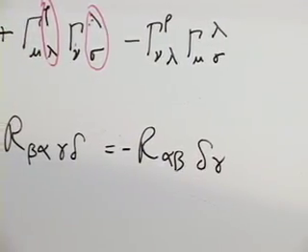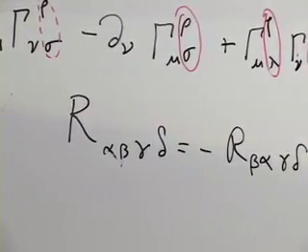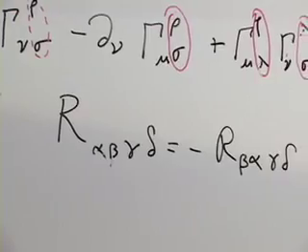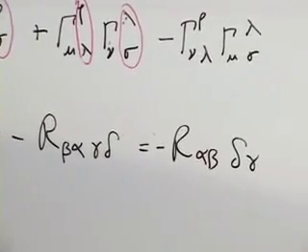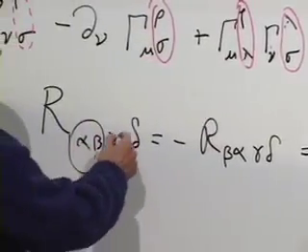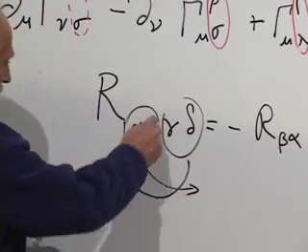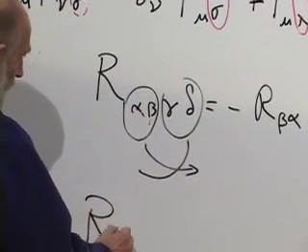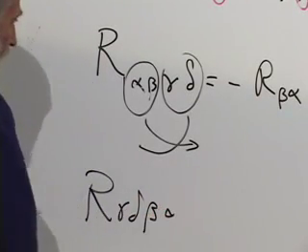Antisymmetric with respect to these two, and antisymmetric with respect to those two. And the only other important thing is that it's symmetric with respect to interchanging these index pairs. In other words, this is equal to R gamma delta alpha beta.